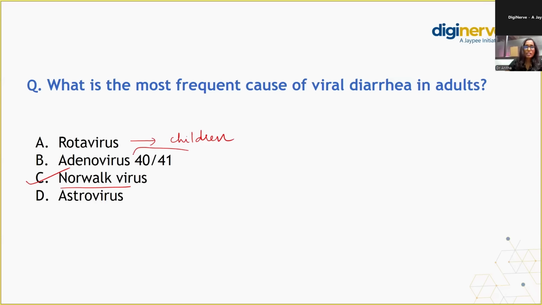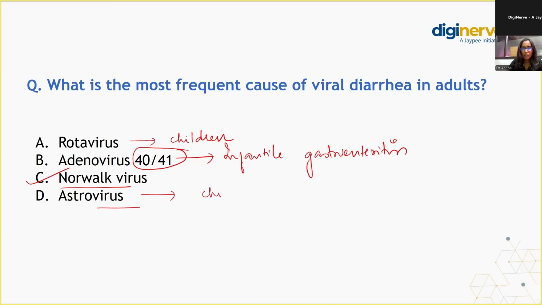Adenovirus 40 and 41 also cause infantile gastroenteritis, and astrovirus is another agent known to cause diarrhea in children. Out of the options given, the most frequent cause will be norovirus.